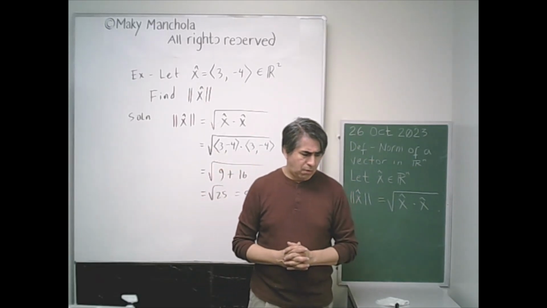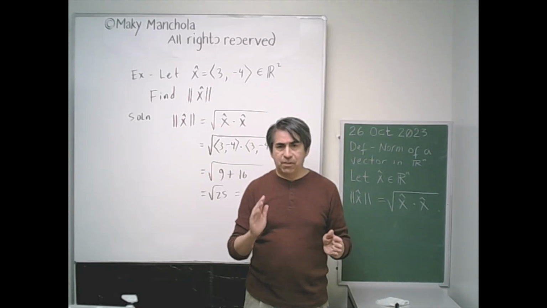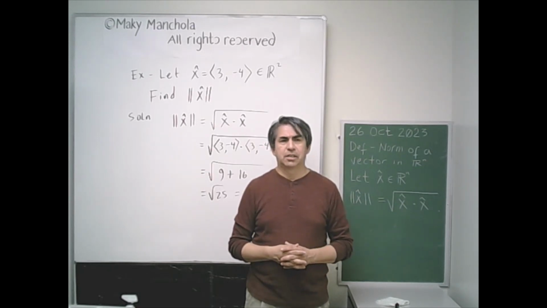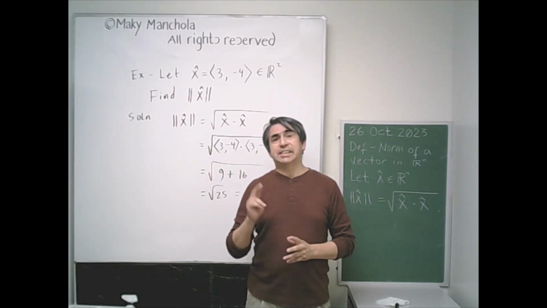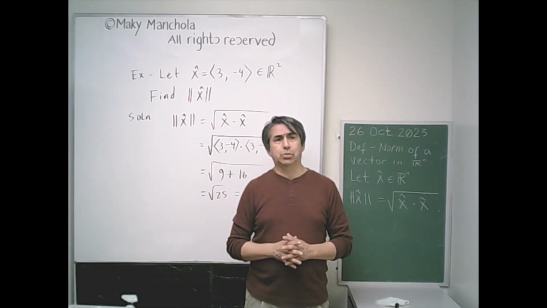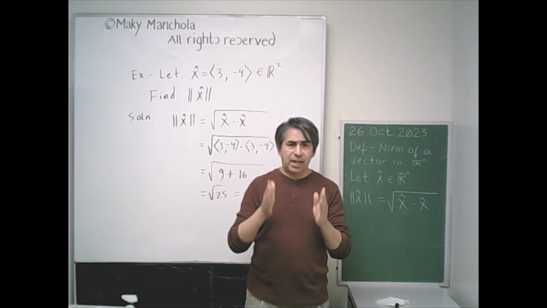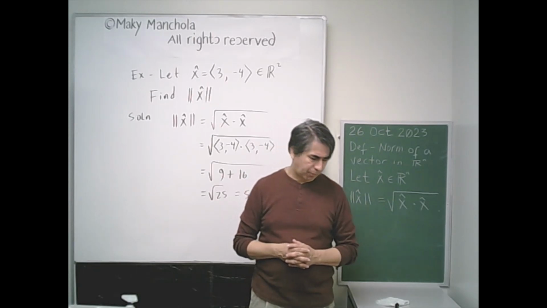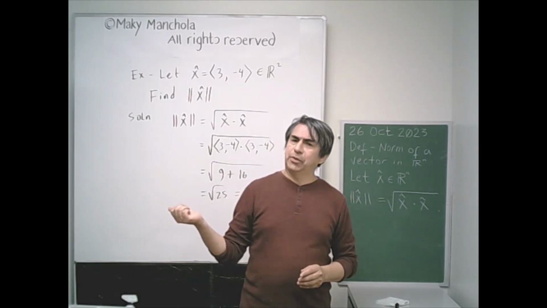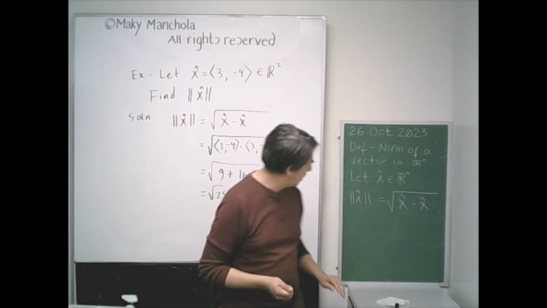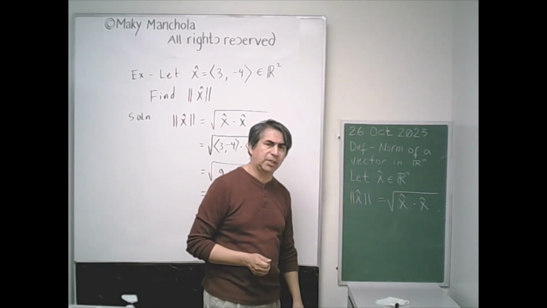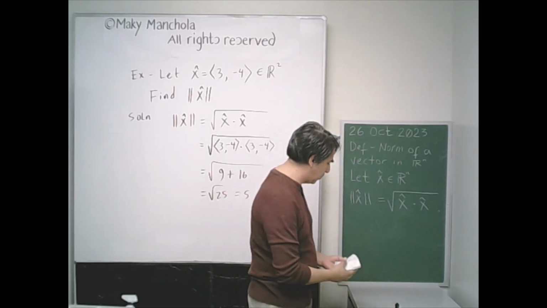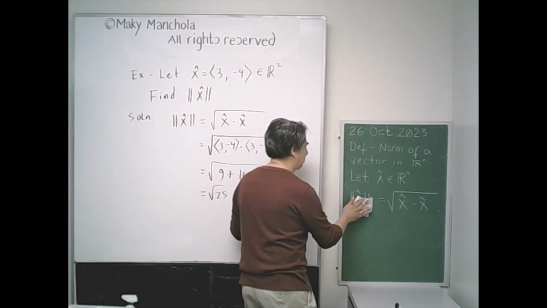If you find the norm of the sum of two vectors, x hat plus y hat, that is less than or equal to the norm of x plus the norm of y. Alright, that one is known as the triangle inequality. Let me try to write all those properties here on this small board, and we're going to prove some of them on the main board.